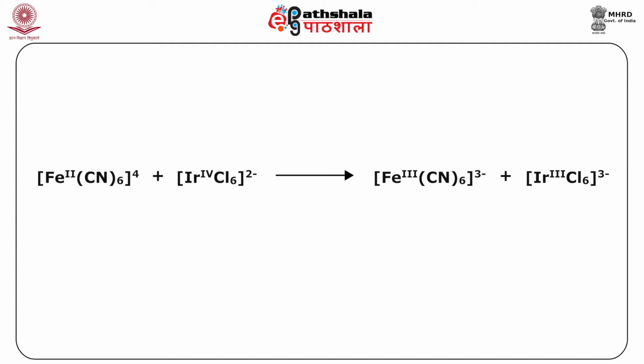If you compare, iridium was in the +4 oxidation state in the reactant and iron was in the +2 oxidation state. In the product, the iron has gone to the +3 oxidation state and iridium has gone to the +3 oxidation state. So iridium was reduced and iron was oxidized.